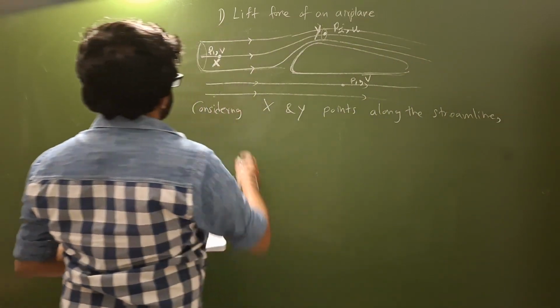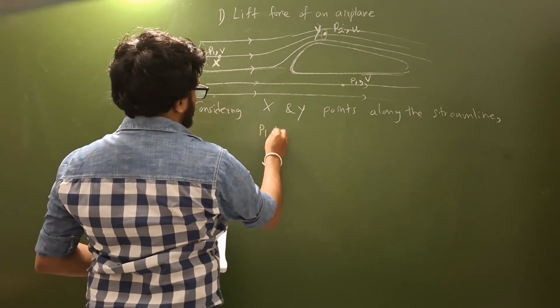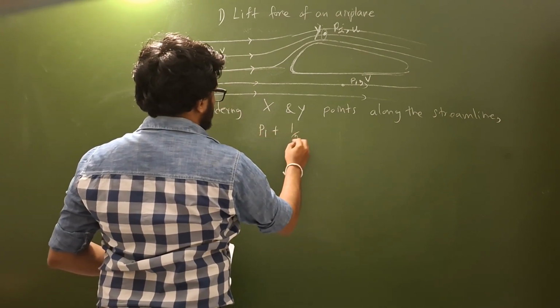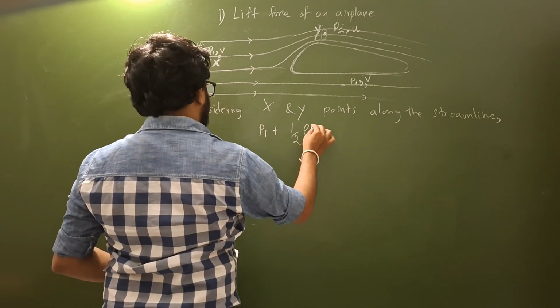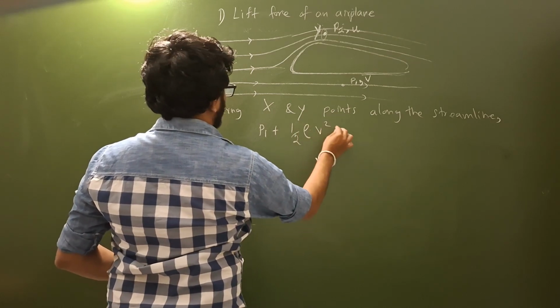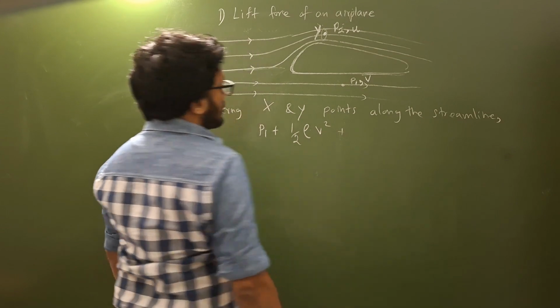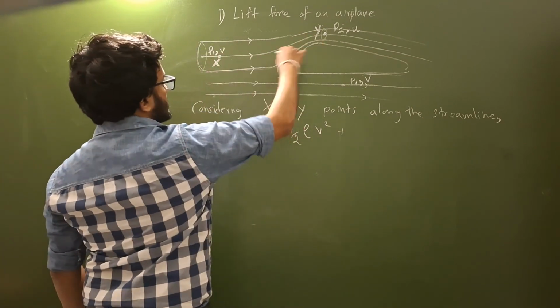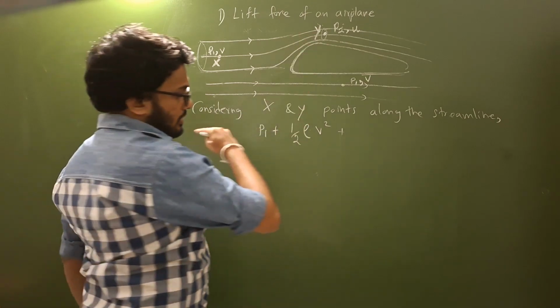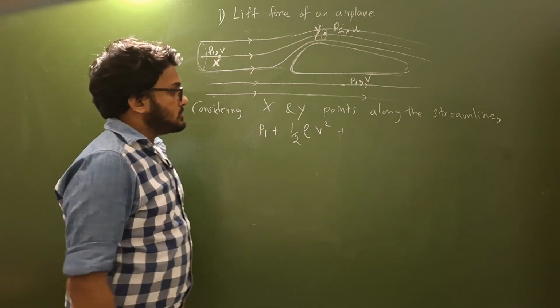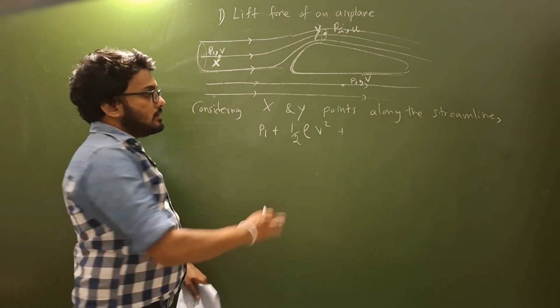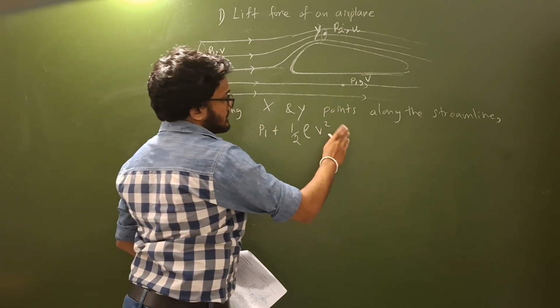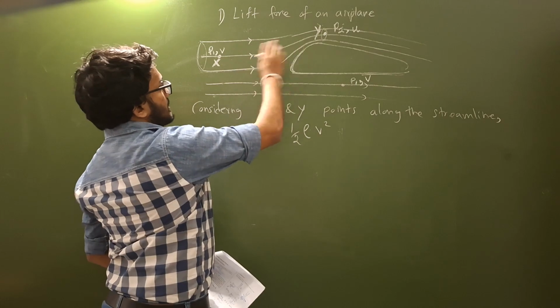Let's apply Bernoulli's equation. So here pressure is P1 plus half rho, where rho is the density of air, v squared, plus rho g h term. We consider these two places to be at relatively the same level, so we don't consider a height difference at these two places.